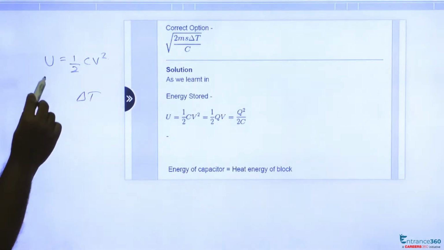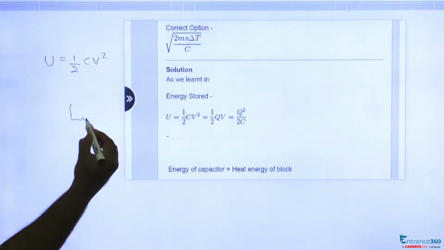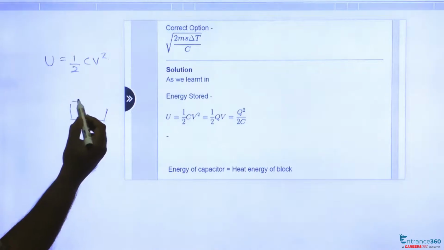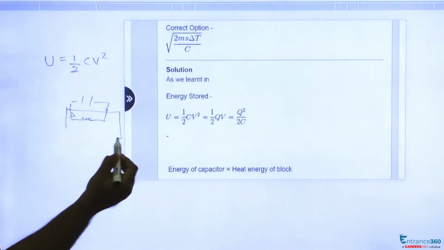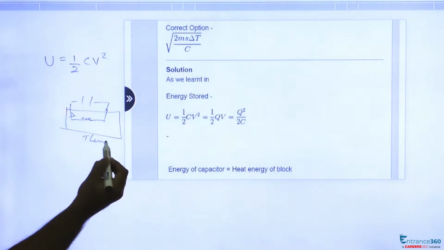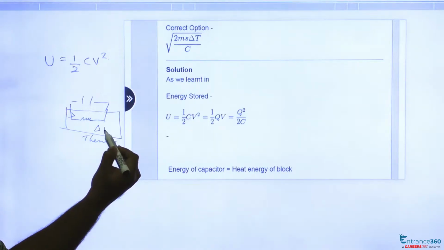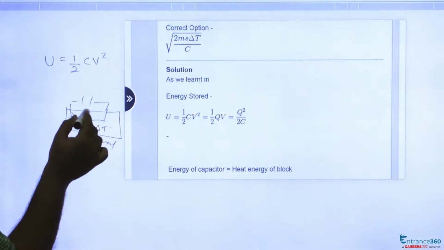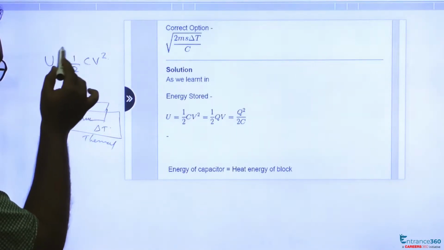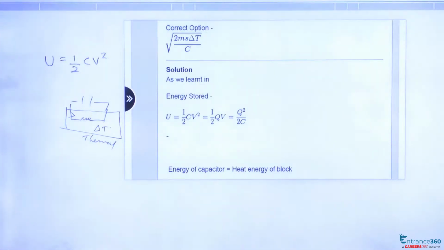So the charge of the capacitor will be flowing through this resistance which is in a thermally insulated block, and the temperature of the block is raised by delta T, which implies that the energy of the capacitor is transferred to the energy of this system, or thermal energy.